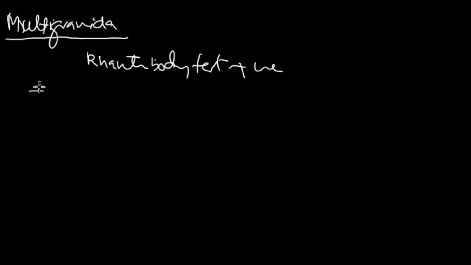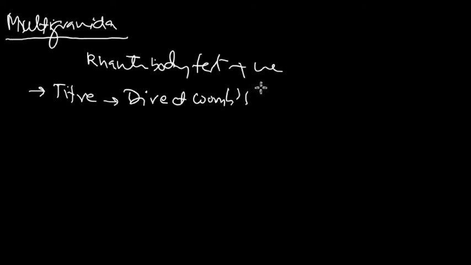And then to see the level of antibodies, titer is done, which is done by indirect Coombs test. And if this titer is high, then repeat this antibody titer every 2 to 4 weeks.